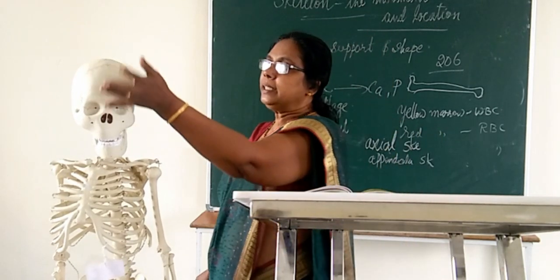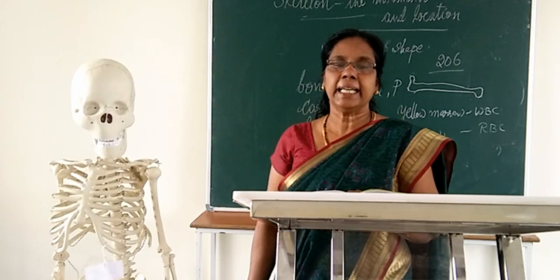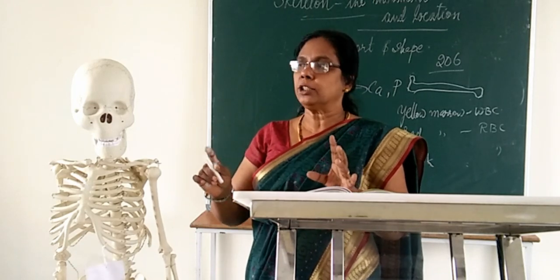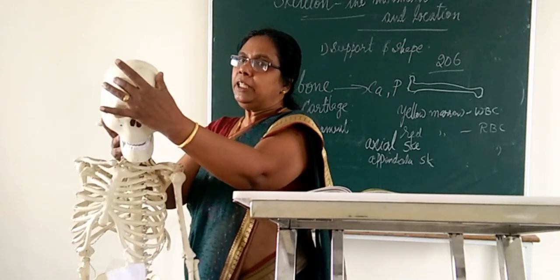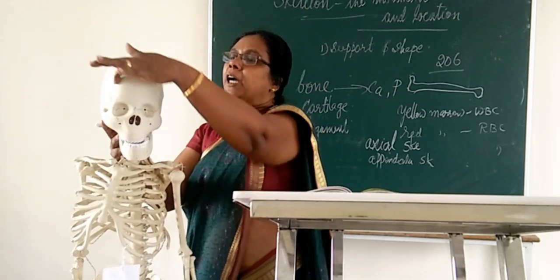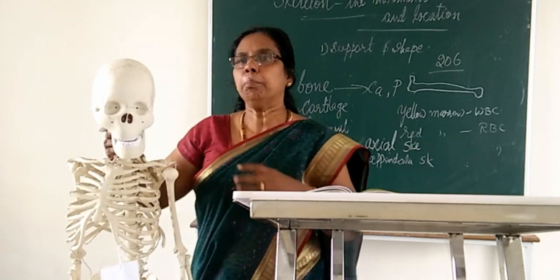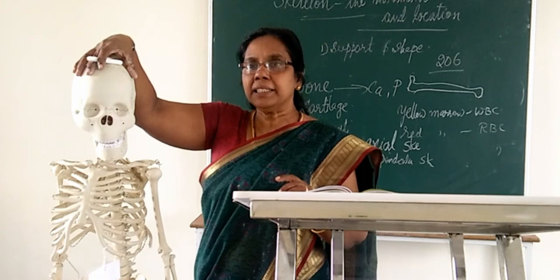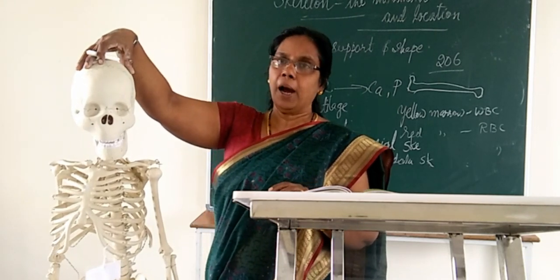The top part is called the cranium, otherwise brain box. You can see this part clearly here. Why is it called the brain box? Because the brain is safely situated in this cranium part.